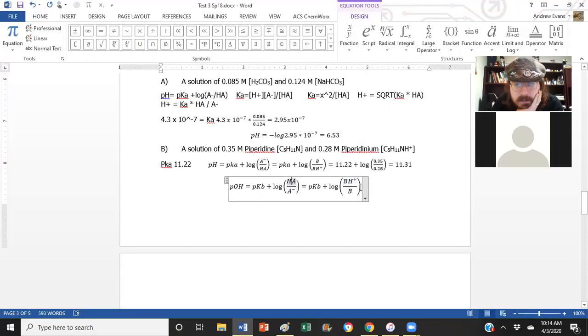It's always acid on top, base on bottom when you're dealing with the base, or base on top, acid on bottom when you're dealing with the acid.